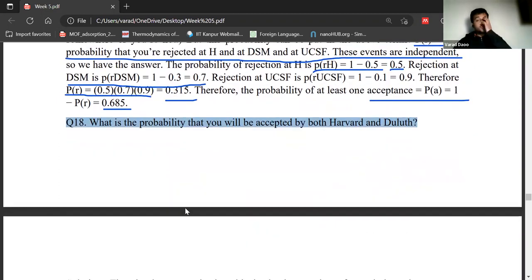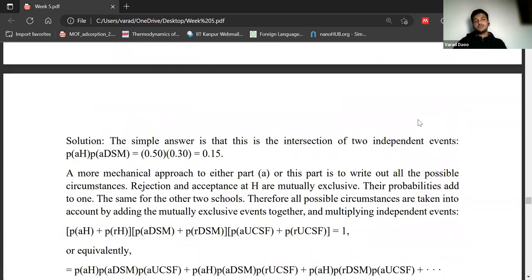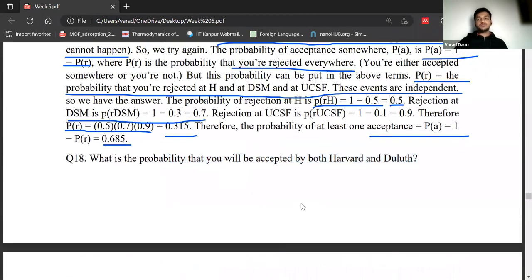Okay, we'll go on to the next question, which is: what is the probability that you will be accepted by both Harvard and DSM? I'll give you a couple of minutes to try this question.